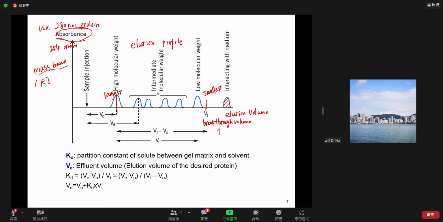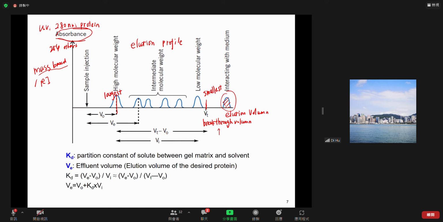If it comes out late, that means it has secondary adsorption. Then you have to use a mobile phase with a chemical property similar to the stationary phase, so the analyte is more soluble in the mobile phase and can be eluted out. This is something we don't want.